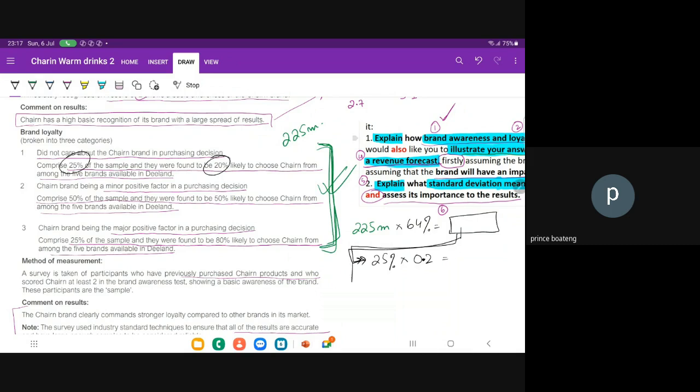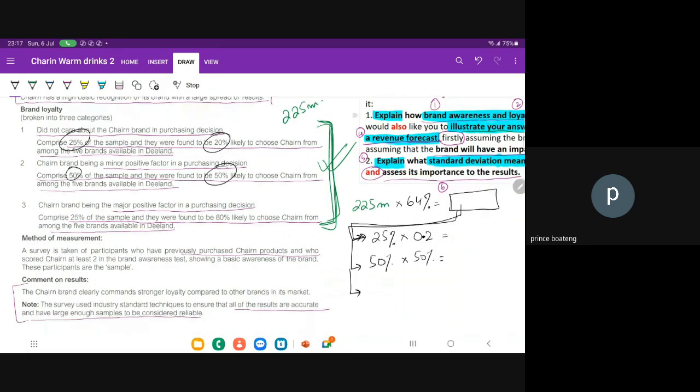Then the second bracket is for 50% of people who are aware with good terms, and there is a 50% likely chance that they will buy the product. And the third set is 25% of people who have 80% chances that they will prefer the company's product. So that's basically the effect of this.